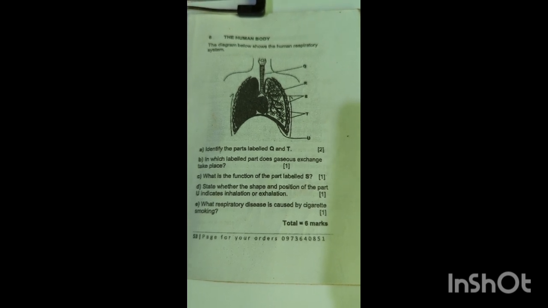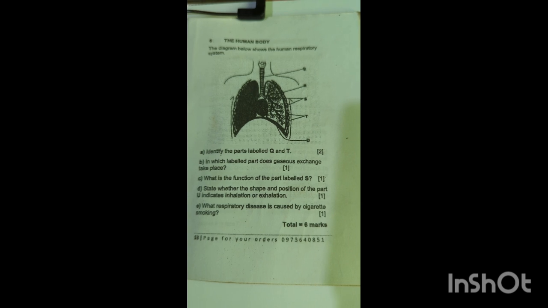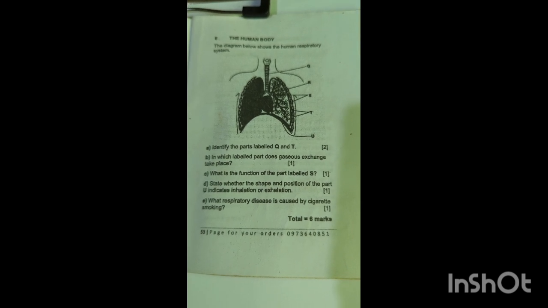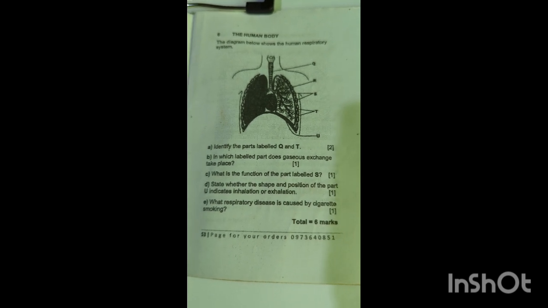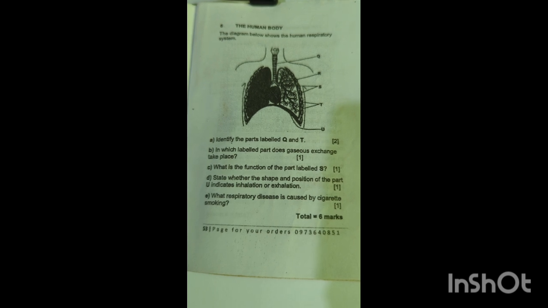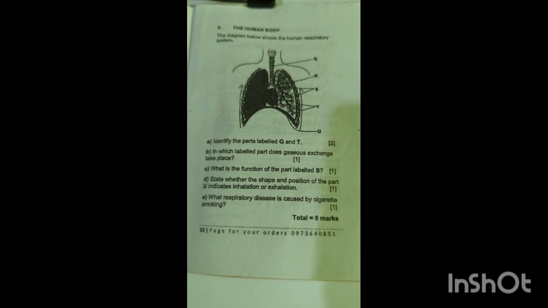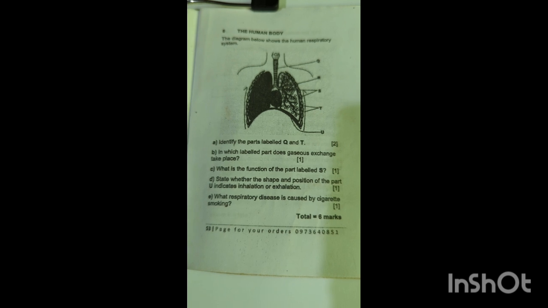When the diaphragm makes a dome shape, when it moves inside, it means you are breathing out. You can try it: breathe out slowly and you will feel your diaphragm moving inside. So this indicates exhalation.